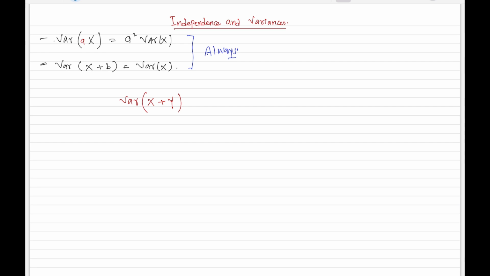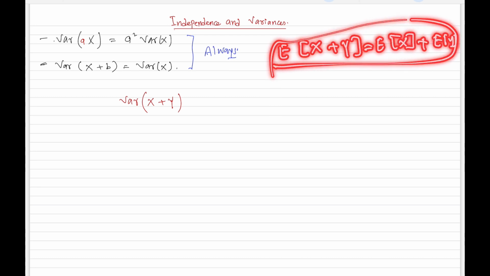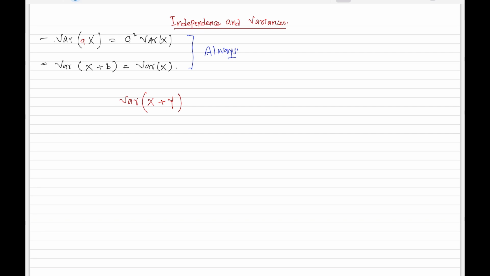We have seen in the case of expectation that the expectation of the sum is simply the sum of the individual expectations. But in the case of variance it is not so simple, and in general it is not equal to the sum of the individual variances of x and y.